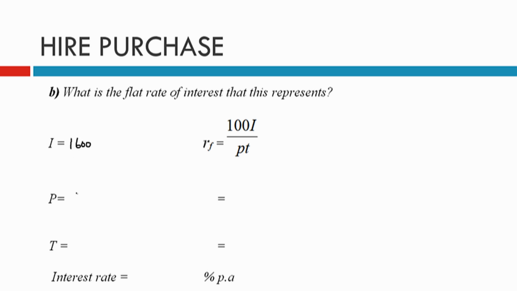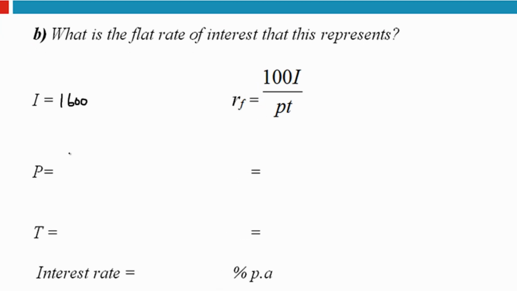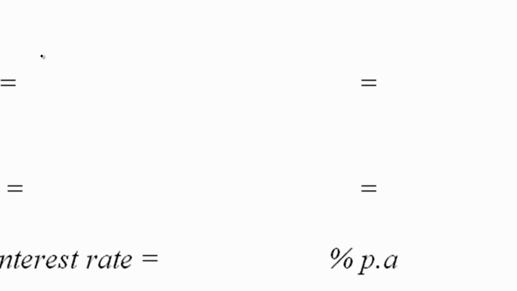P is the principal. Now remember, we have to take away the deposit. So the car was worth $10,000 minus $2,000 deposit. We get $8,000. And T is the time. She's had 12 months to pay this, so 1 year. So we've got everything down.